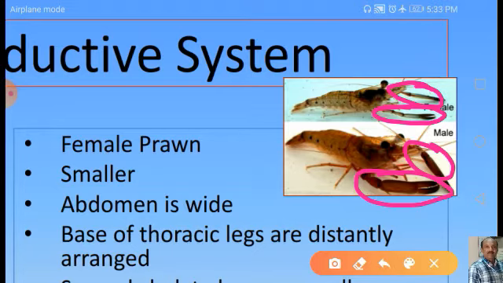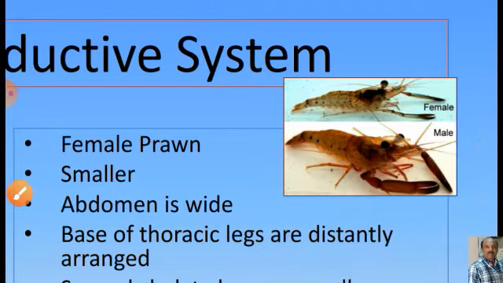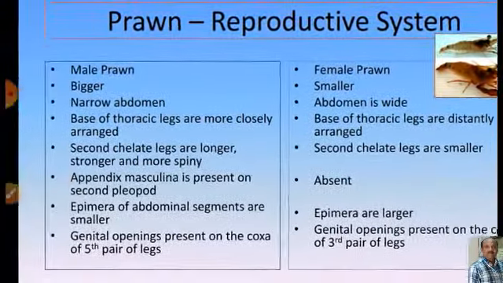I think with this characteristic feature, we can differentiate the male very easily from the female. If you are unable to differentiate from the first three characters, this characteristic feature, that is strong second chelate legs, gives you easy identification of the male from the female ones.